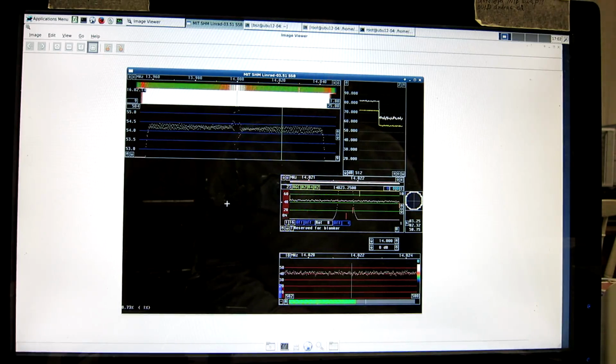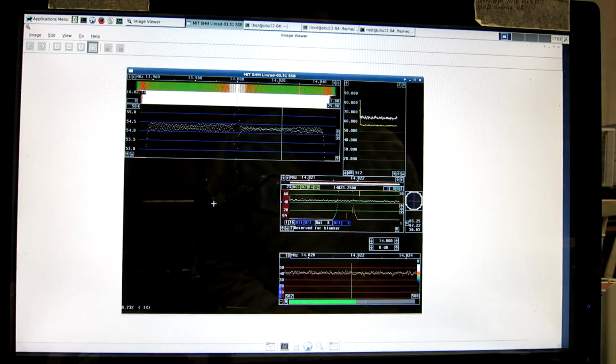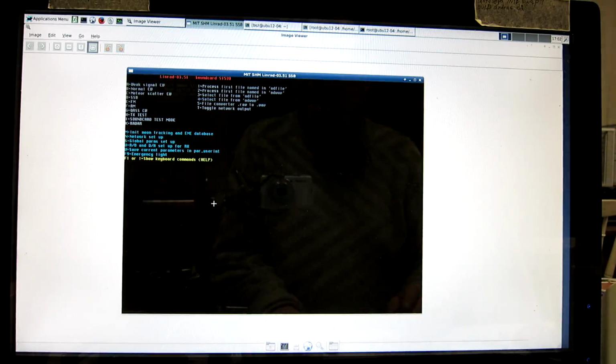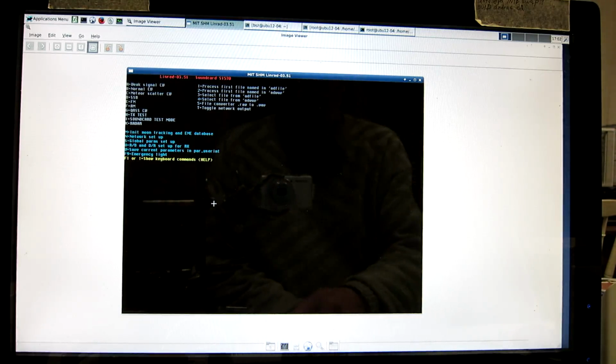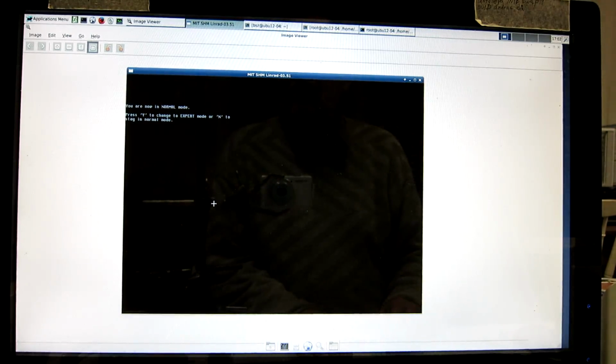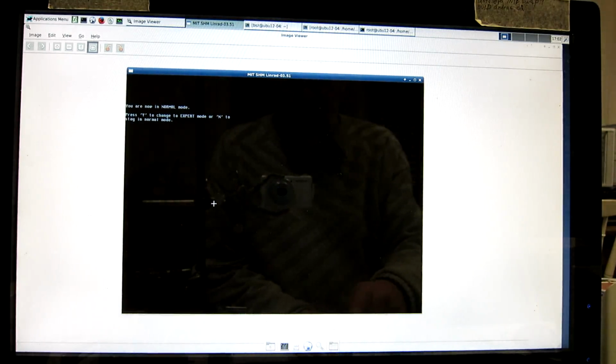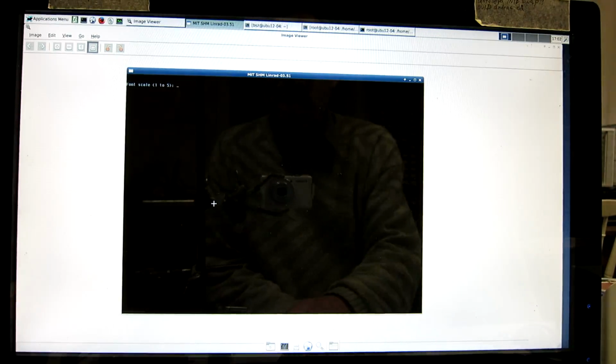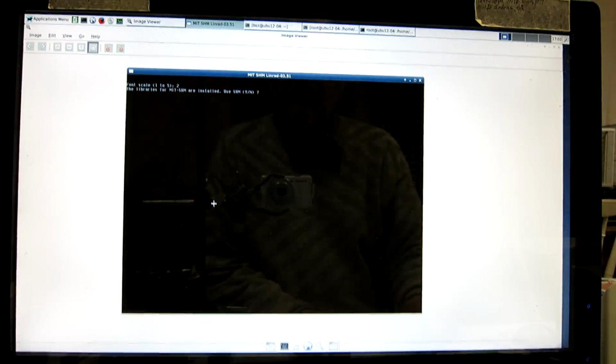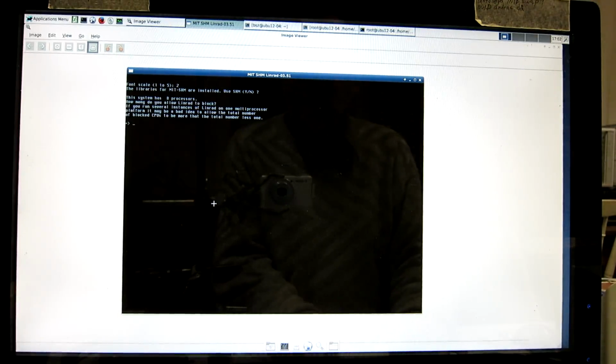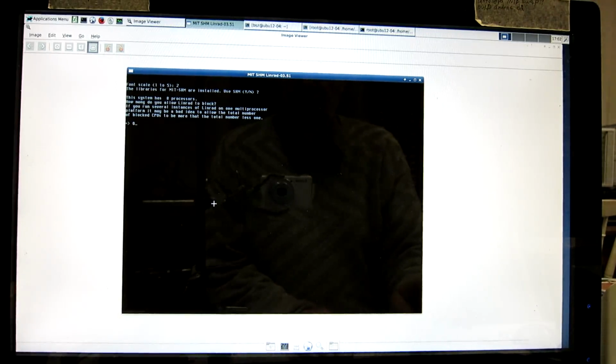To understand what it means, I have to tell Linrad I'm an expert. That's S. And I change to expert mode, yes. Font scale, I stay 2. And yes, and we don't block anything.